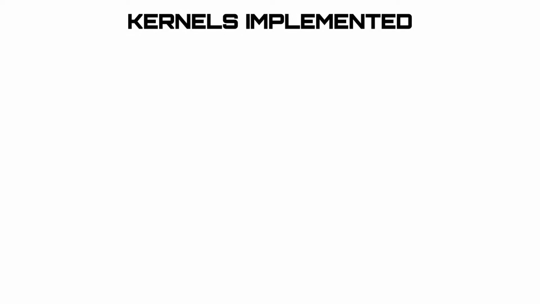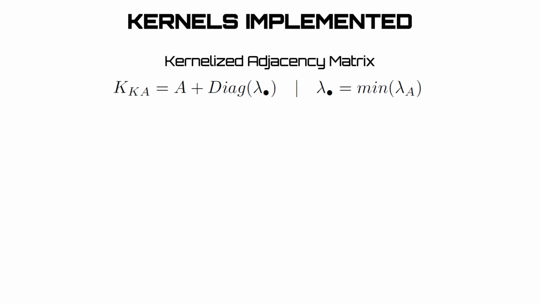Once we have explained what a kernel is and its utilities, we can go through the kernels implemented for this study. For this work, we have implemented 4 different kernels. First of all is the kernelized adjacency matrix, which consists of a simple kernel which only affects the matrix main diagonal.